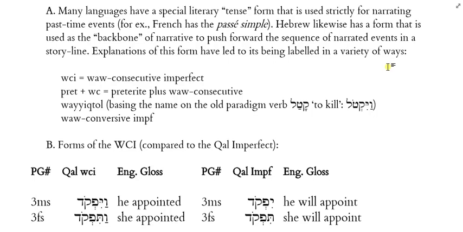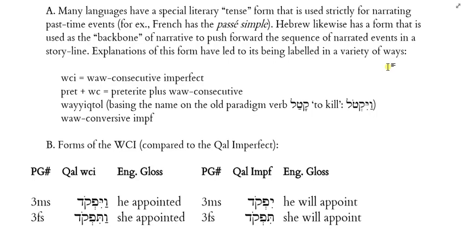And then others refer to it as a Vav conversive imperfect, where in their opinion, this special Vav pointing converts the imperfect future tense semantics to past time semantics. So some grammarians like to think of that Vav as converting the semantics of the verb form. Nowadays, most grammarians dispute that, and so they don't like to use that term at all.